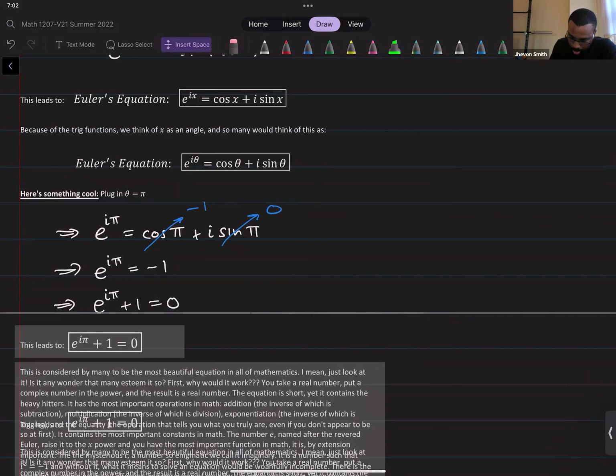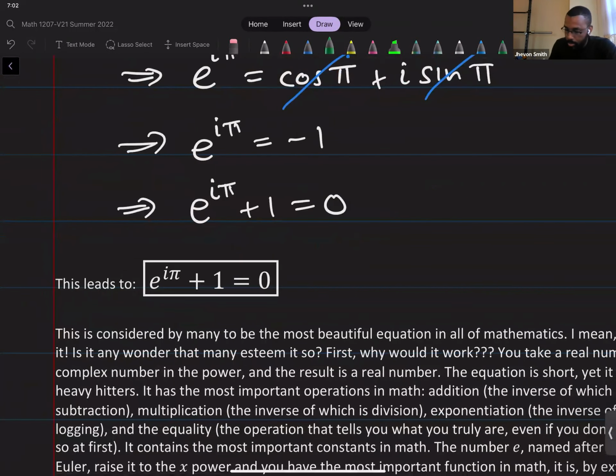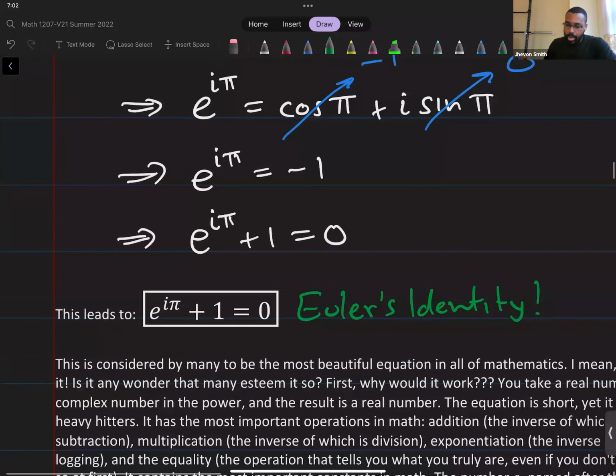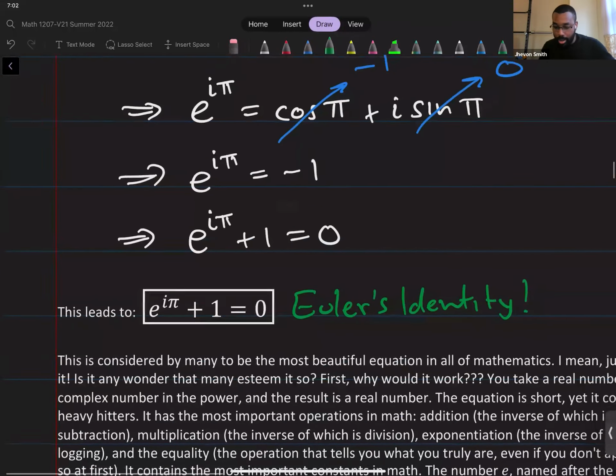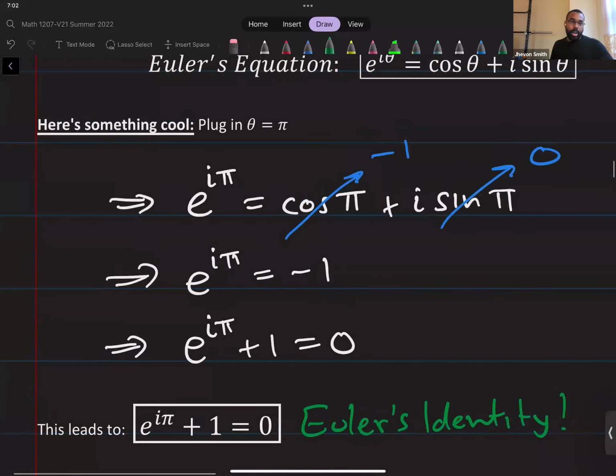This leads to what is called Euler's identity. It is considered by many people to be the most beautiful equation in all of mathematics. It has all the important constants: e, i, pi, 1, 0.